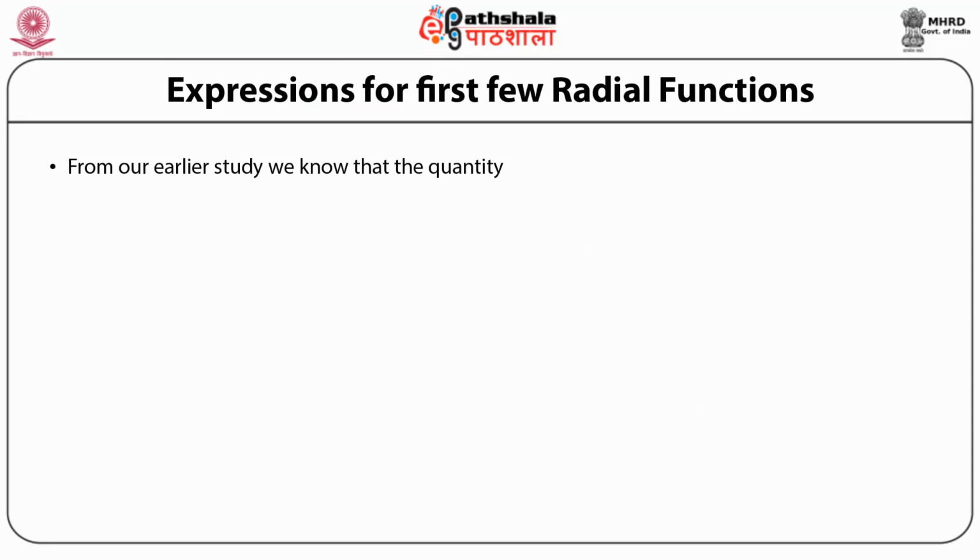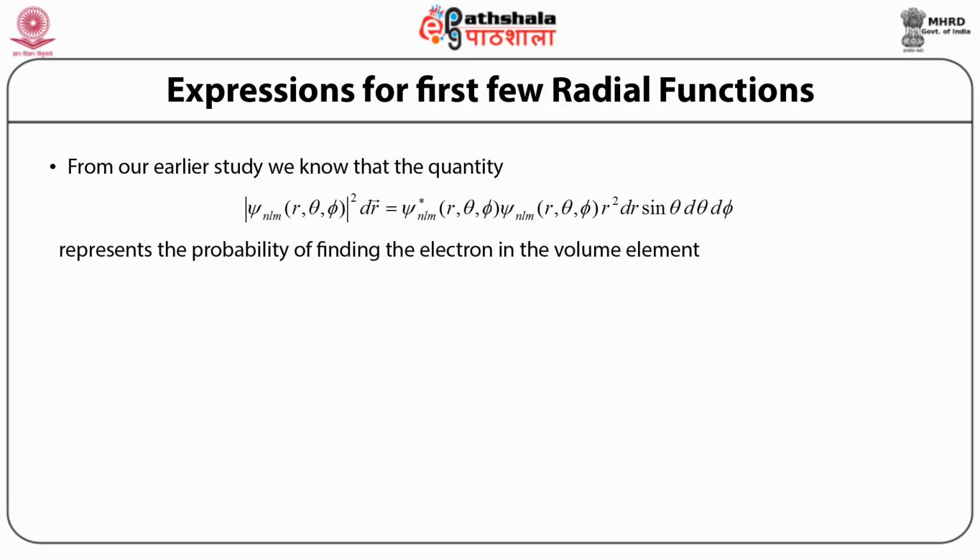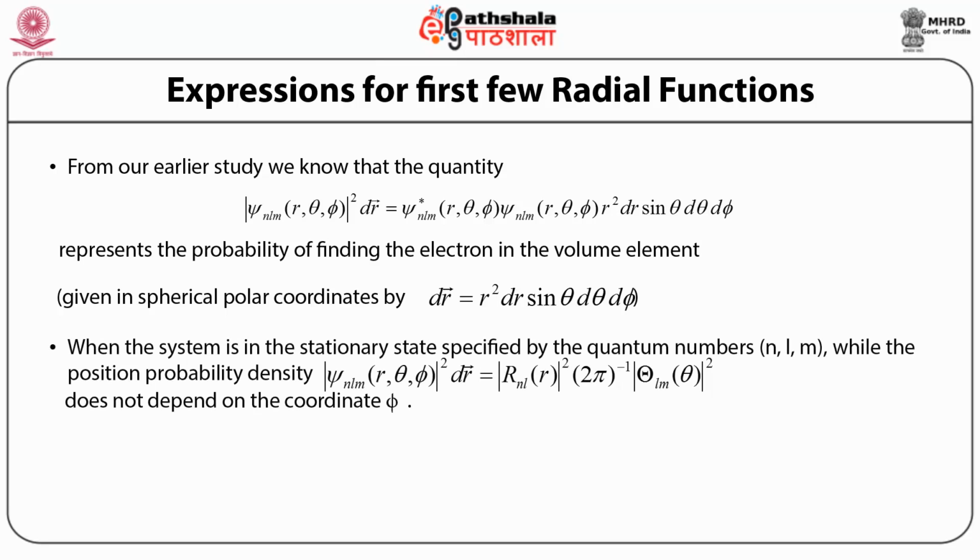From our earlier study, we know that the quantity modulus of psi_nlm(r, theta, phi) the whole square dr vector, equal to psi star_nlm psi_nlm r square dr sine theta d theta d phi, represents the probability of finding the electron in the volume element, given in spherical polar coordinates by dr vector equal to r square dr sine theta d theta d phi, when the system is in the stationary state specified by the quantum numbers n, l, m.